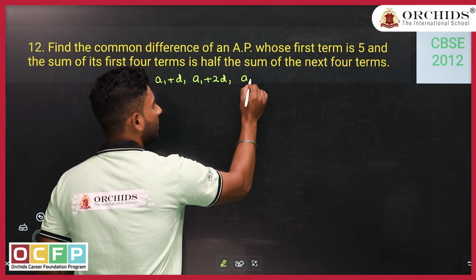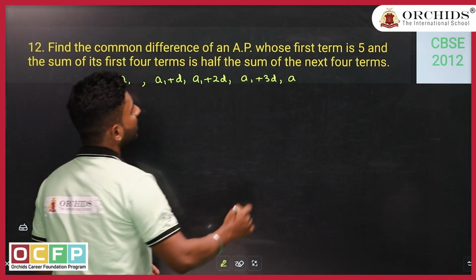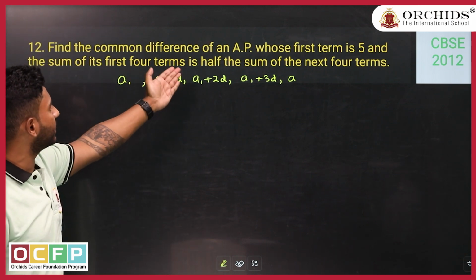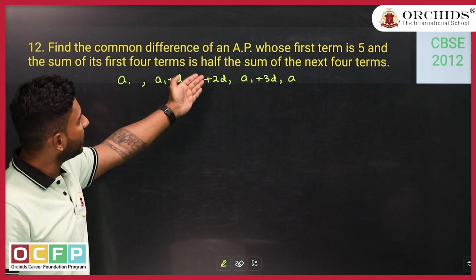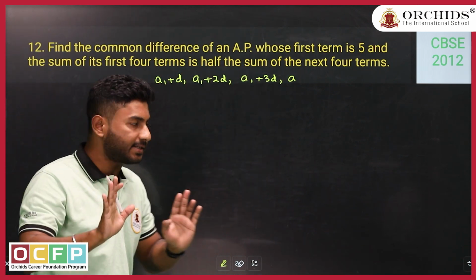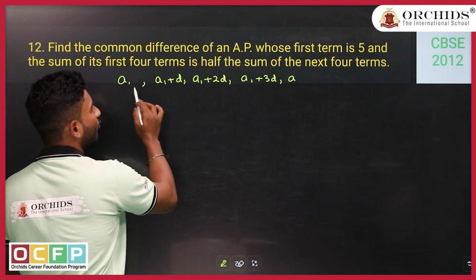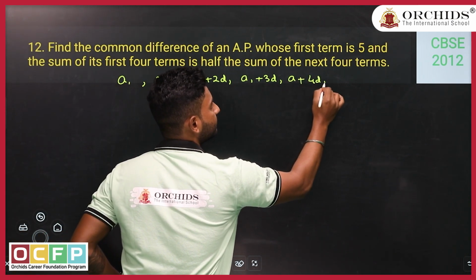Fourth term, A1 plus 3D. Keep on writing, up to how many terms do I need? Find the common difference of an AP whose first term I know. The sum of its first 4 terms is half the sum of the next 4 terms. 4 terms, 8 terms total we have. Okay. So 1, 2, 3, 4. Here is the 5th term.